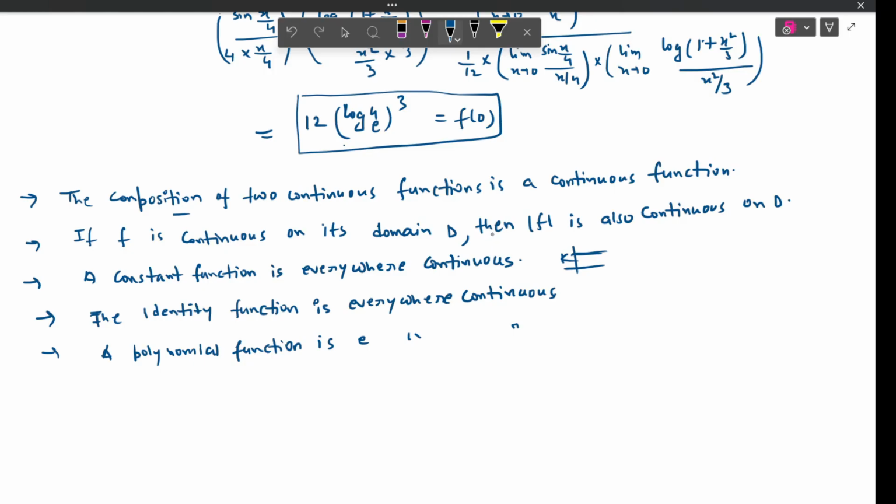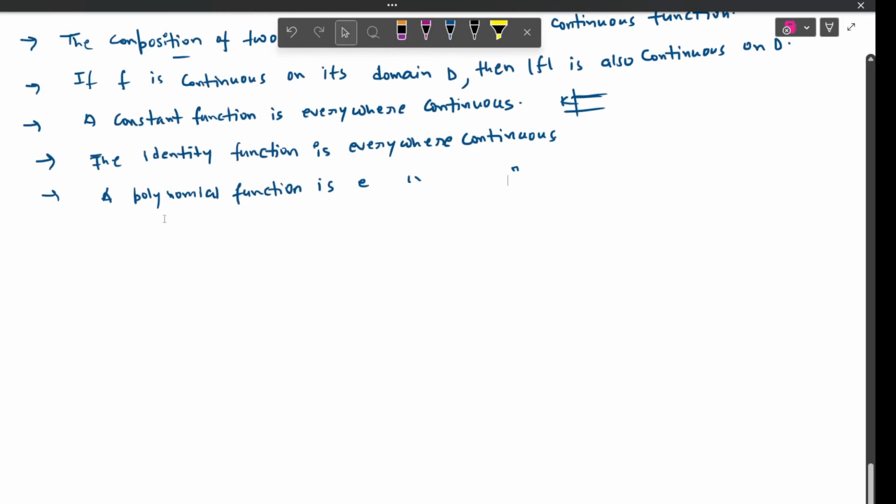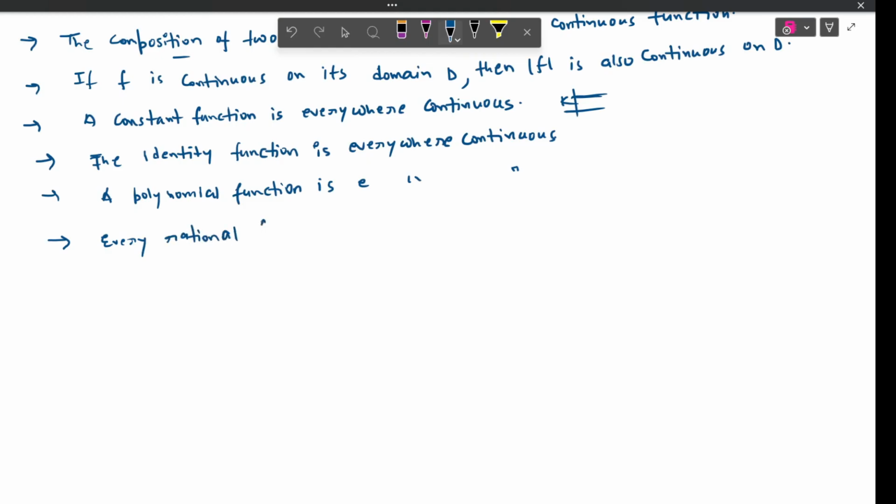Okay, now next point, every rational function is continuous at every point in its domain.